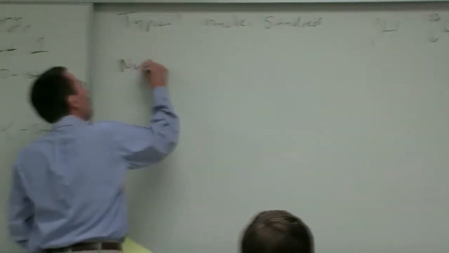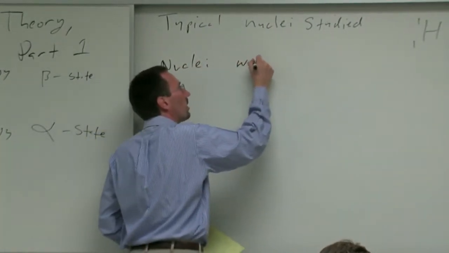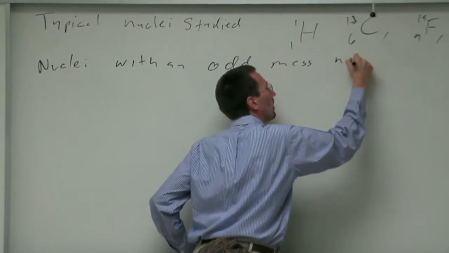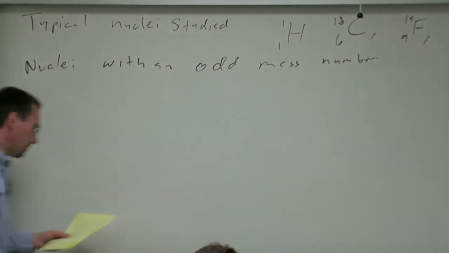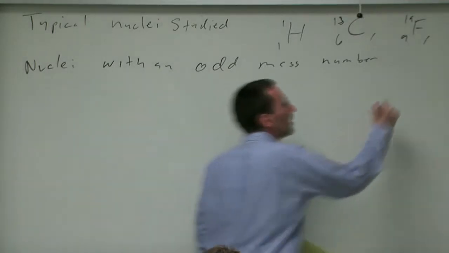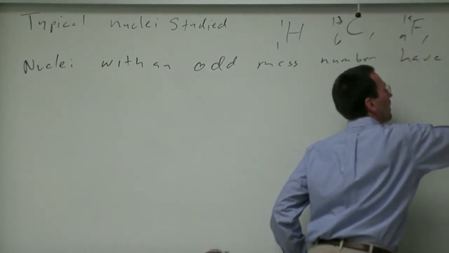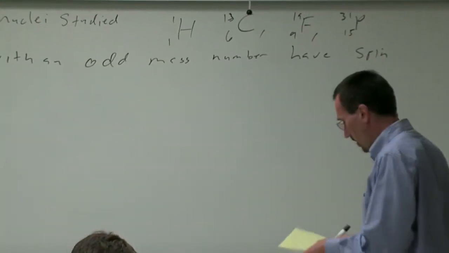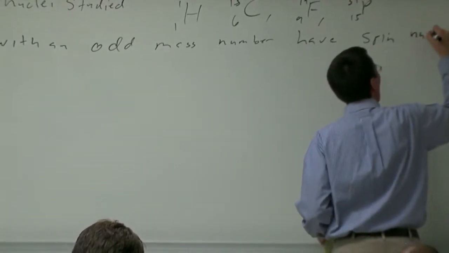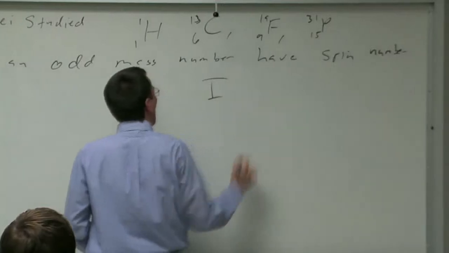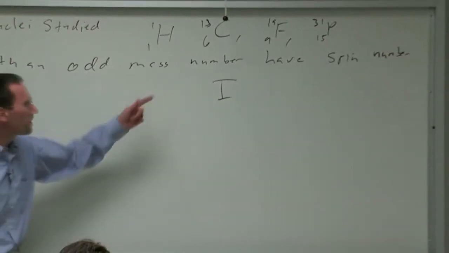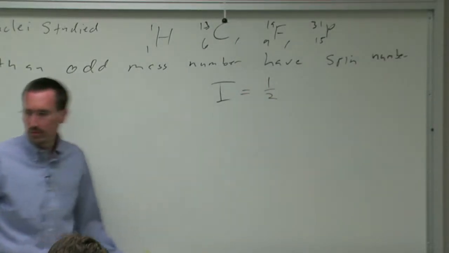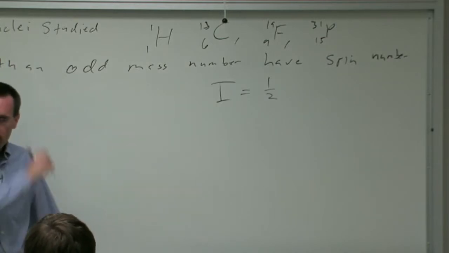So nuclei with an odd mass number have a nuclear spin. And the quantum characterization of nuclear spin is what's called a spin number. We'll call the spin number I. Doesn't really matter what we call it, but they call it I. And so that number is going to be 1/2. And that gives you all the ones up here.